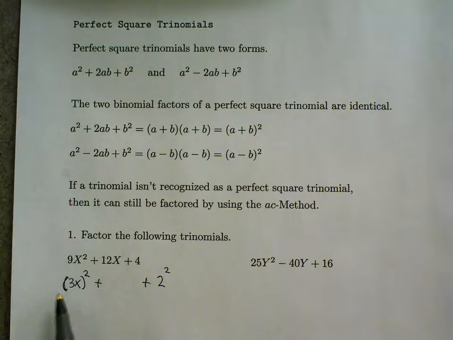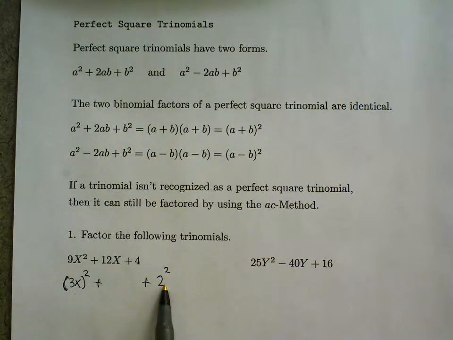So we might wonder if this is a perfect square trinomial. One thing to keep in mind, just because the term on the left is a perfect square, and the term on the right is a perfect square, doesn't automatically mean that the trinomial is a perfect square trinomial.